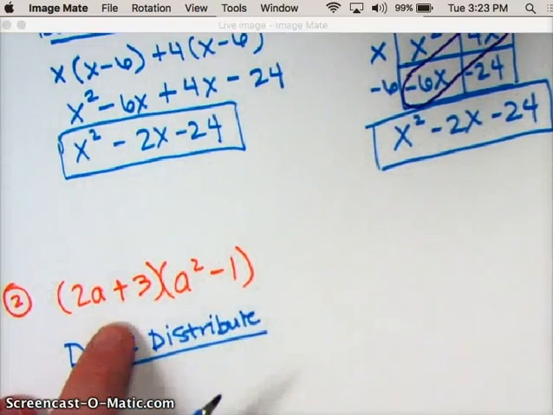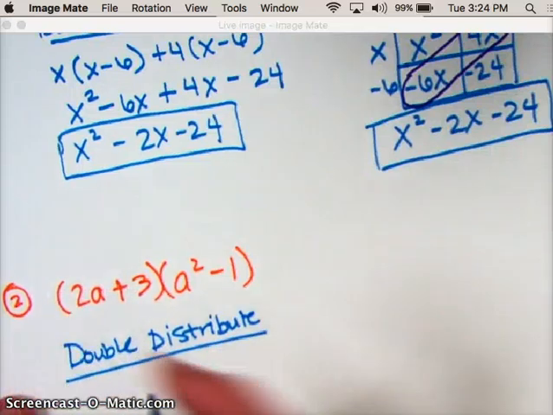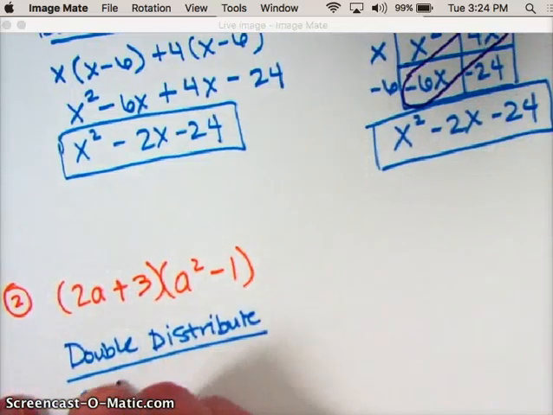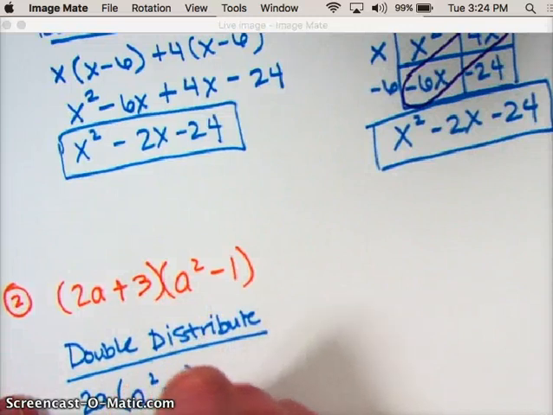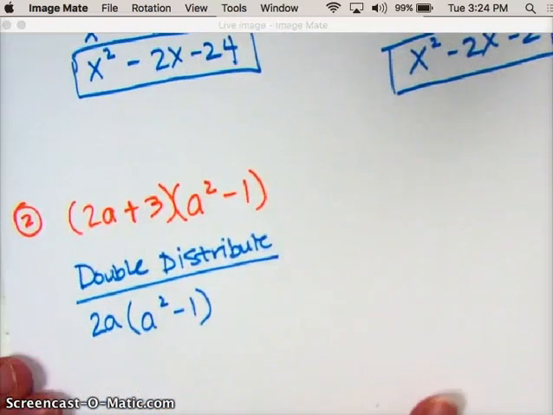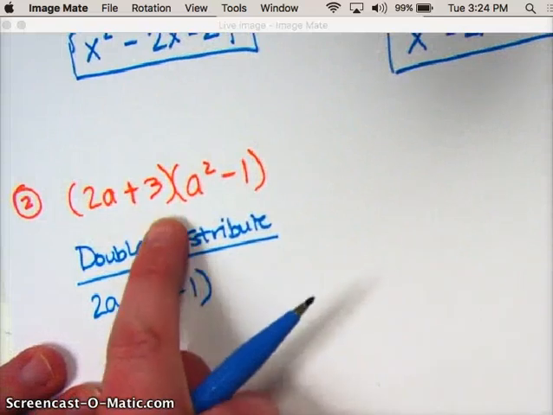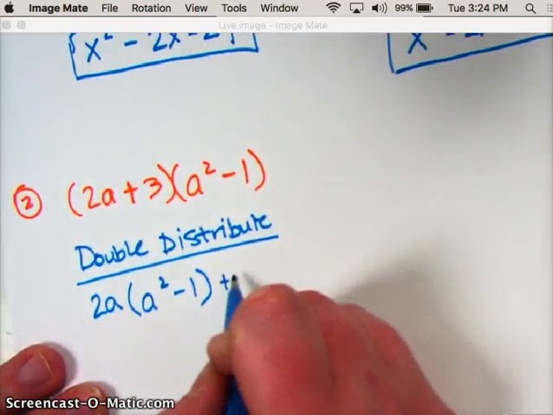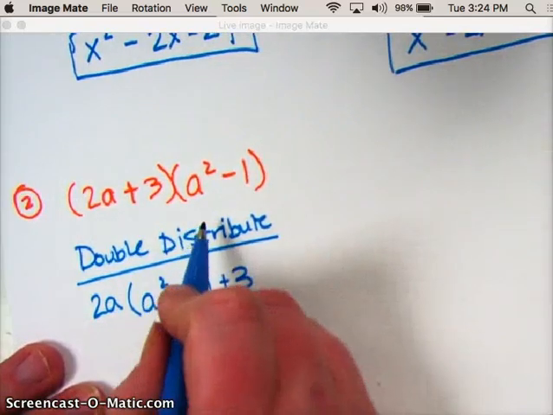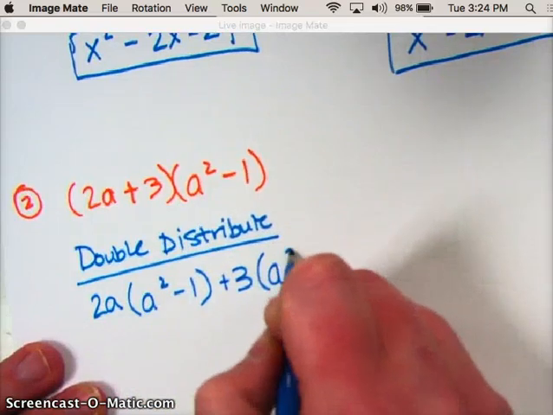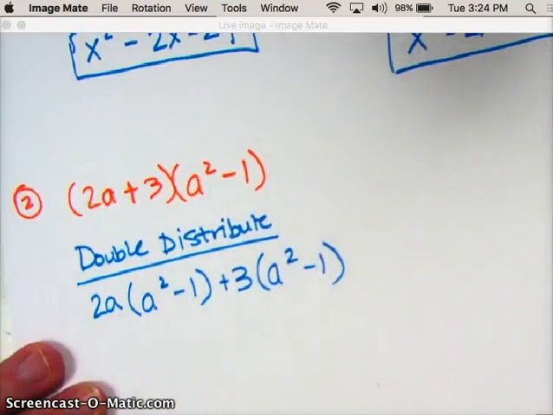We're going to take the first term of the first binomial, 2a, and multiply it by the second binomial, a squared minus 1. Then we'll take the second term of the first binomial, 3, and multiply it by the second binomial, a squared minus 1.